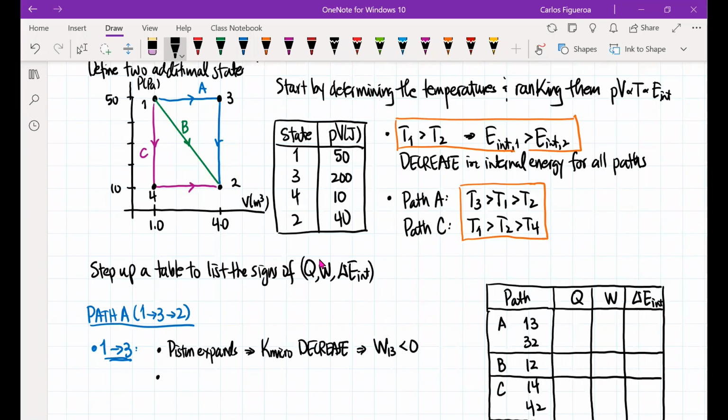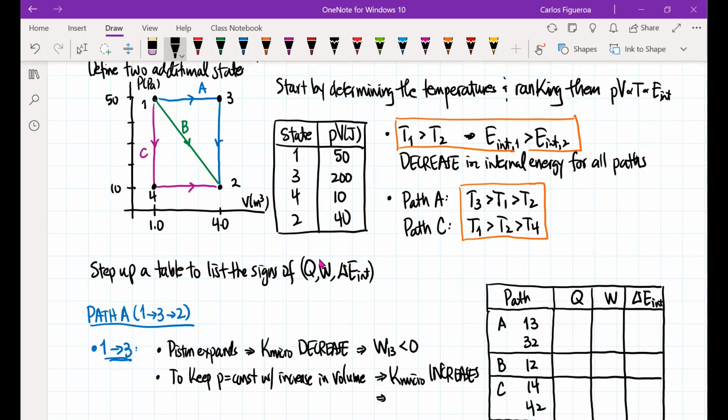If I look at the heat, note that to keep pressure constant, as this thing has increasing volume, that immediately tells me that K micro increases.